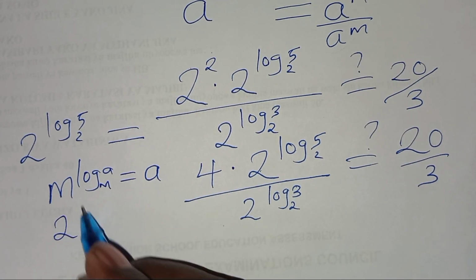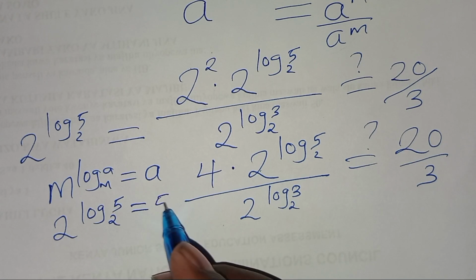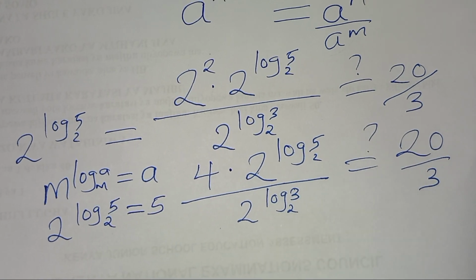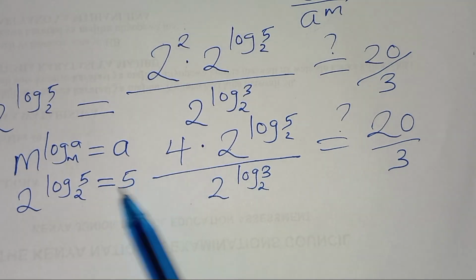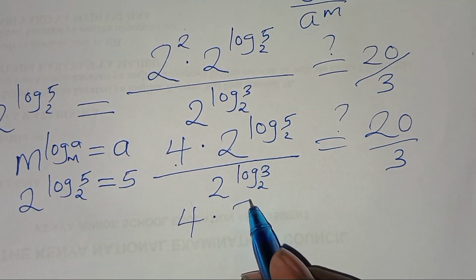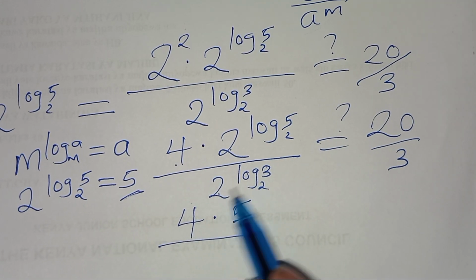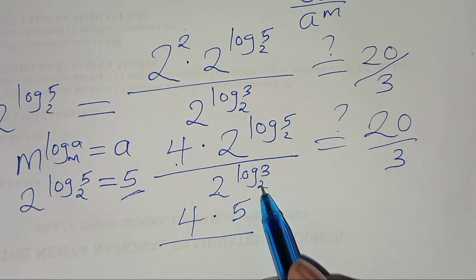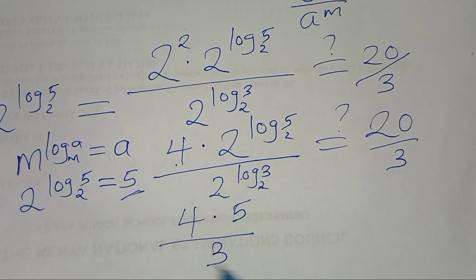So 2 to the power log 5 to base 2 should give us a value of 5. So in this case, let's substitute this 5 here. So we'll have 4 multiplied by 5 divided by 2 to the power log 3 to base 2, and applying this property, this is the same thing as 3.